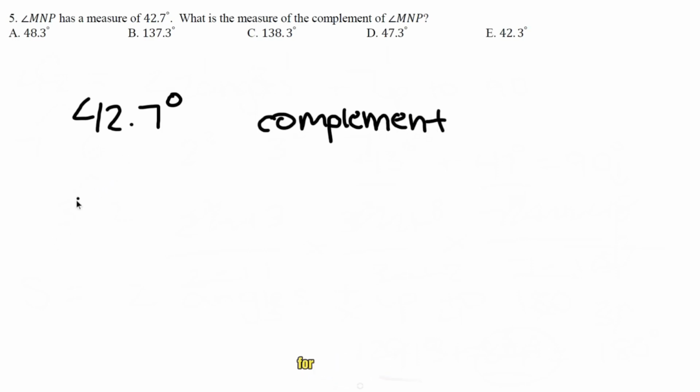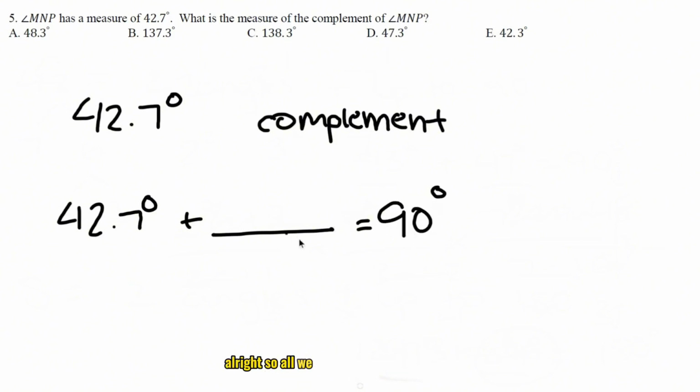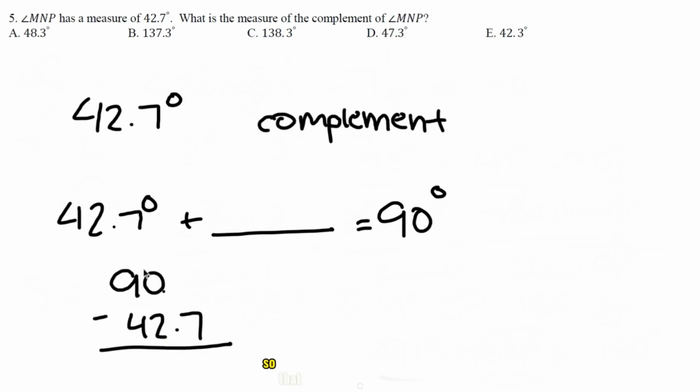So 42.7 degrees plus the other complementary angle will equal 90 degrees. All we do is 90 minus 42.7 degrees, which equals 47.3 degrees. And that's your answer.